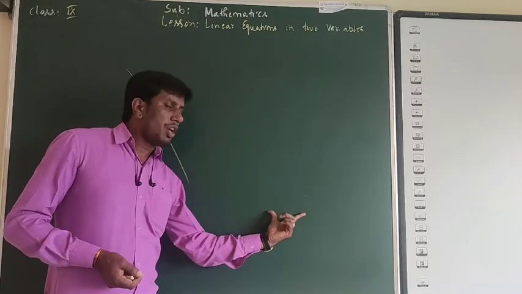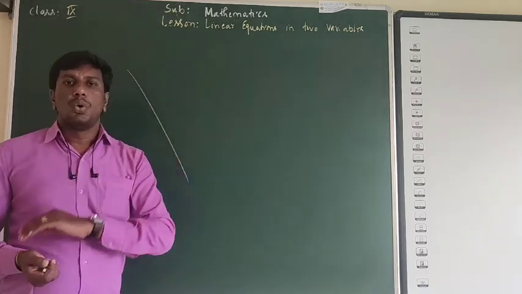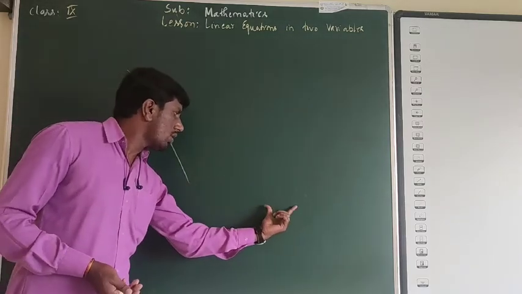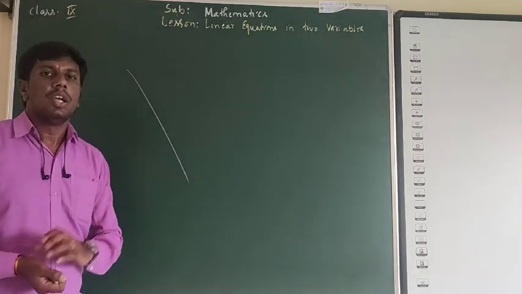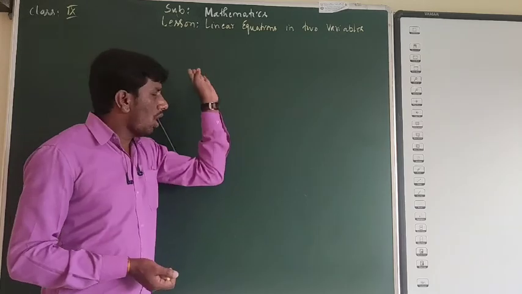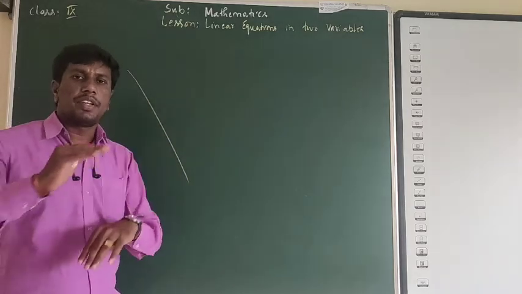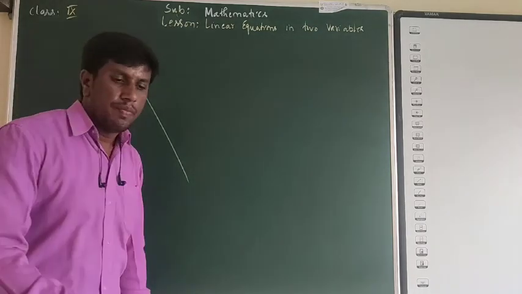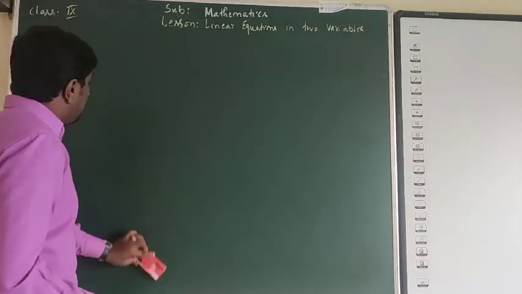From coordinate geometry we know how to plot those points on the graph sheet. Then join all the points and you will get a straight line. That line represents the particular linear equation in two variables. Okay, so that is what we have learned.